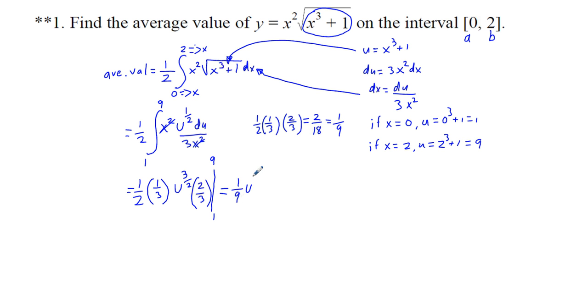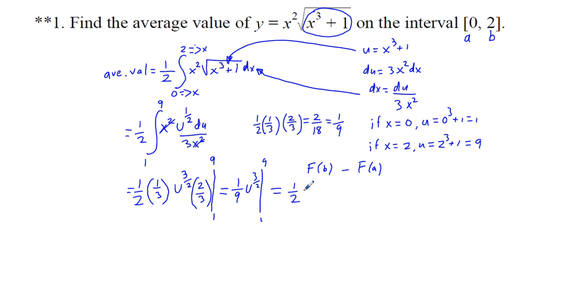u to the 3/2 evaluated from 1 to 9. And our integral is going to be big F of b minus big F of a. This is going back to our fundamental theorem of calculus section. So we have 1/2.